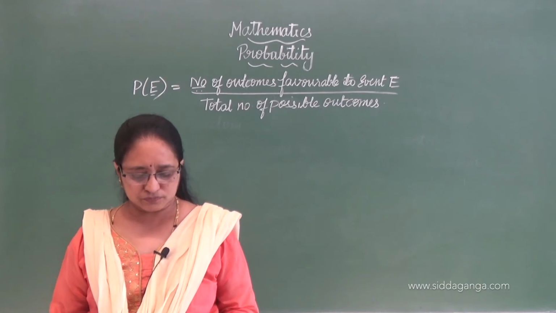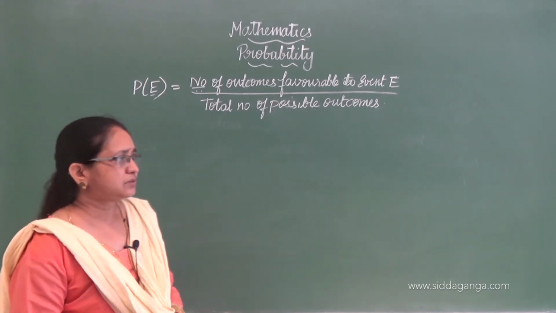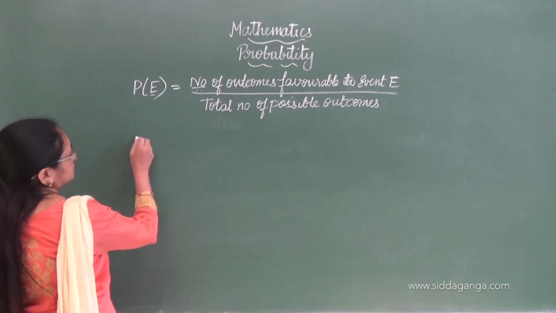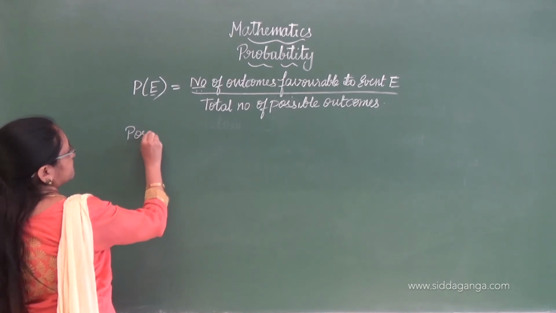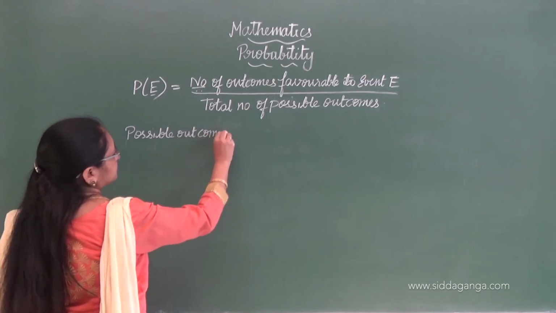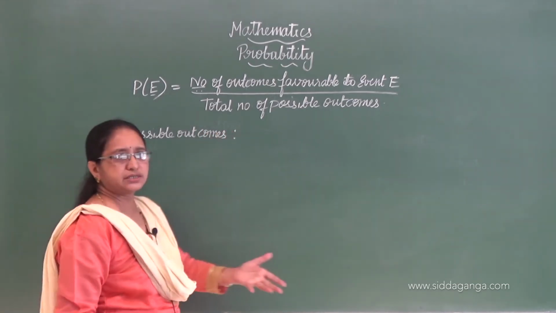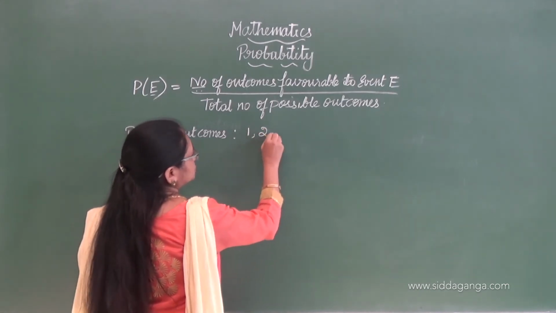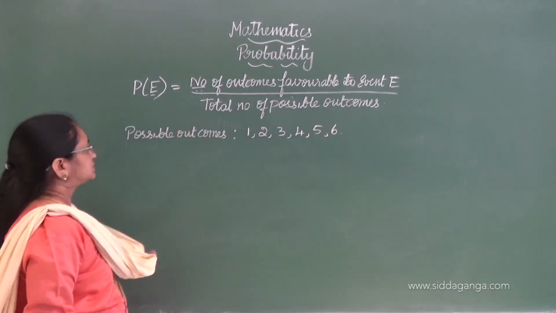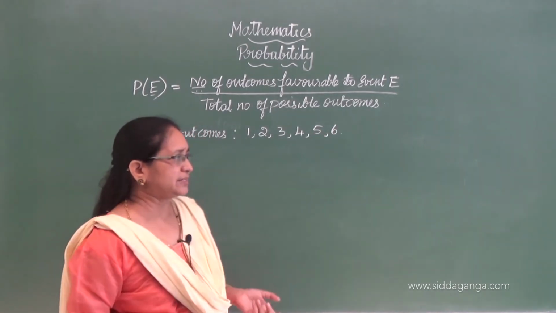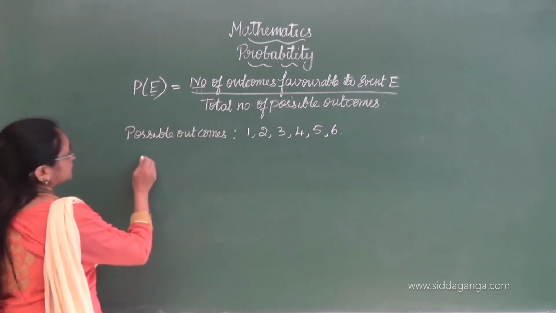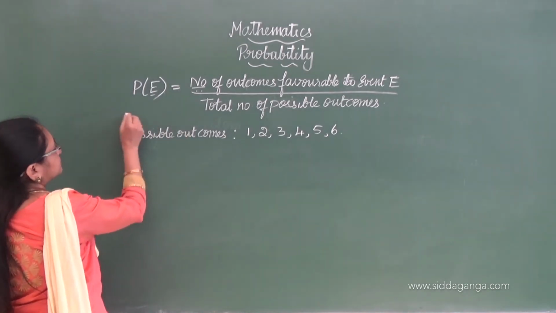Suppose, let us take one example. When we roll a die, what are the possible outcomes? It will be 1, 2, 3, 4, 5 and 6. Suppose I want to know the probability of getting multiples of 3. That will be the event.